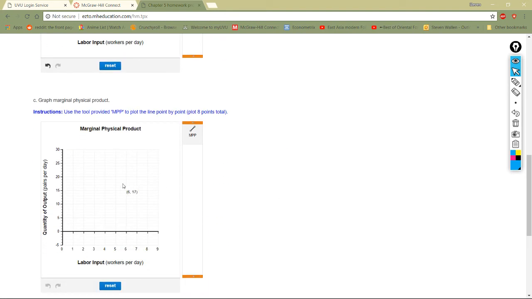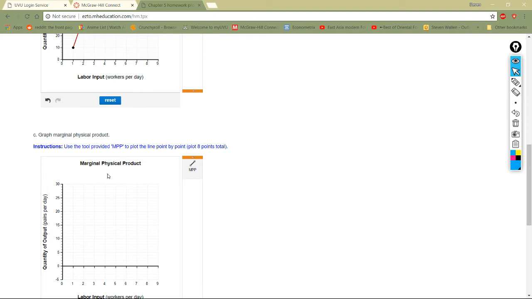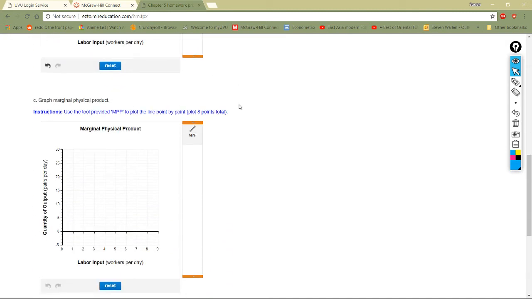Now, this is where they want marginal. Use the tool provided MPV to plot the line point. So quantity of output, labor output, workers per day. So now they want to know marginal physical product. So we go over here, that's where we'd be putting the 10, 26, 20, all these in.